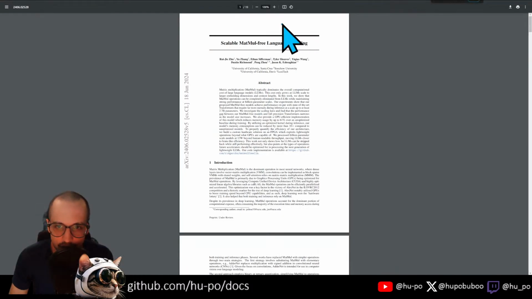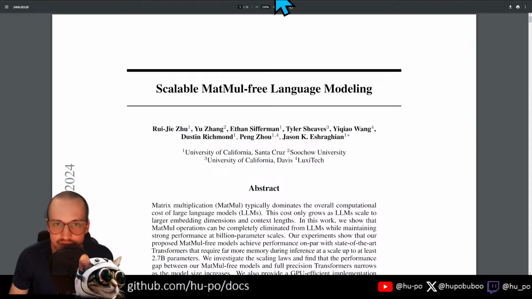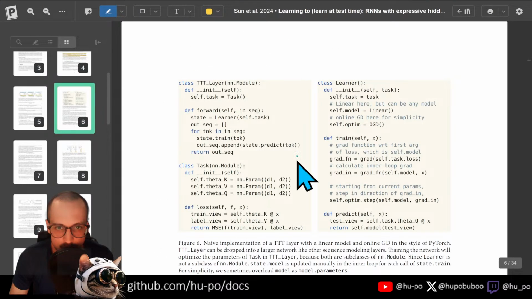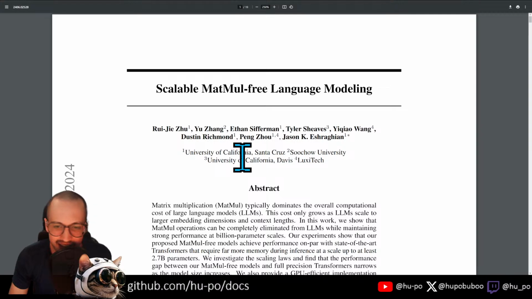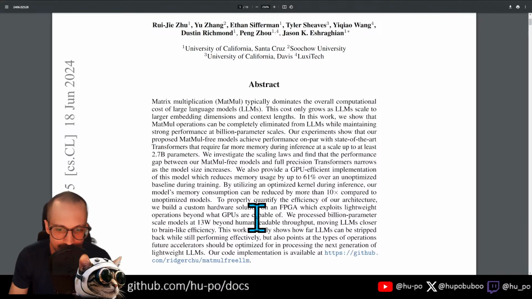This paper, I give them a lot of credit because it's kind of similar to this, where they're basically using some trick that only really works in theory, but they go the extra step of actually making it. So they build a custom hardware solution on an FPGA. That is next level.